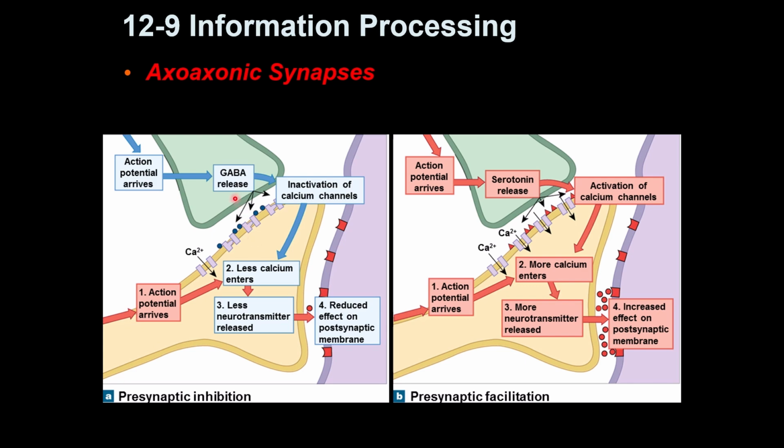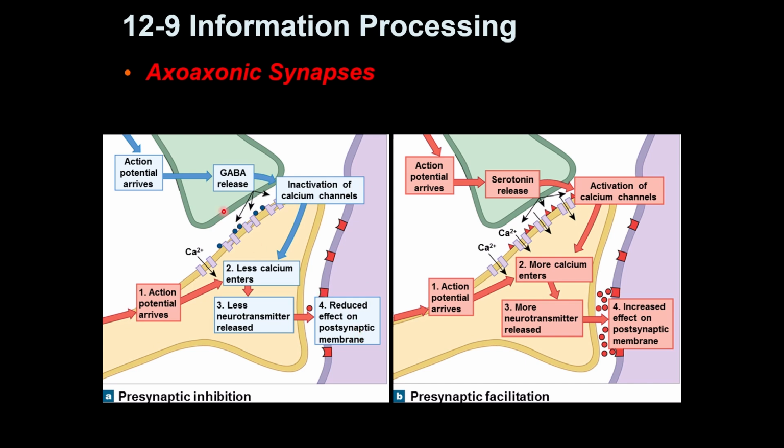Depending on what is released from the third neuron, the final outcome is a little bit different. Here you have one axon, and once the action potential comes, the calcium enters and the vesicles release the neurotransmitter, and that will affect these channels in the postsynaptic membrane.